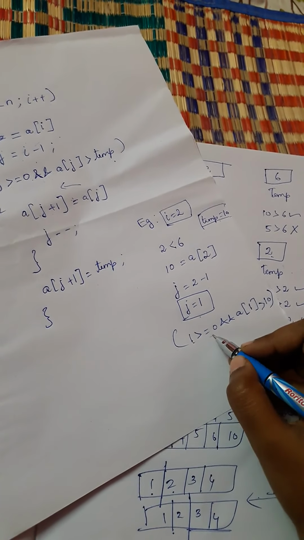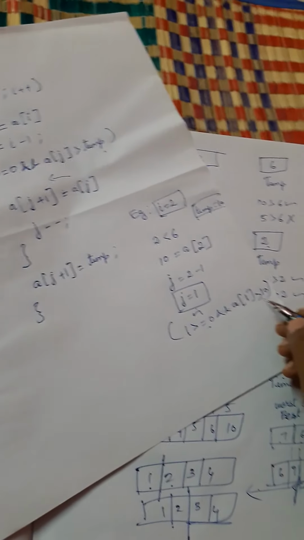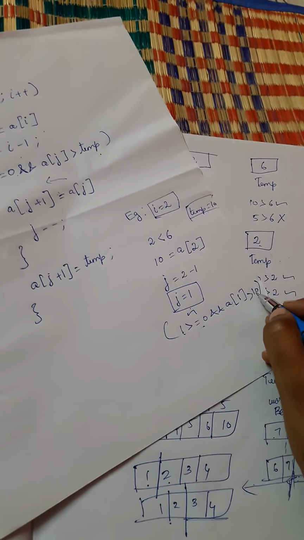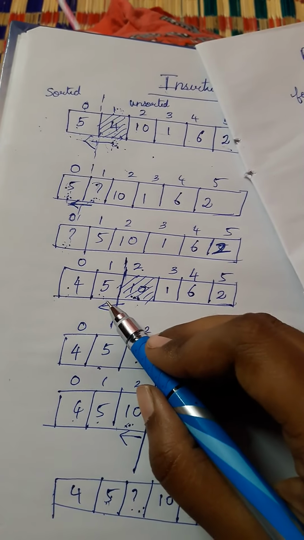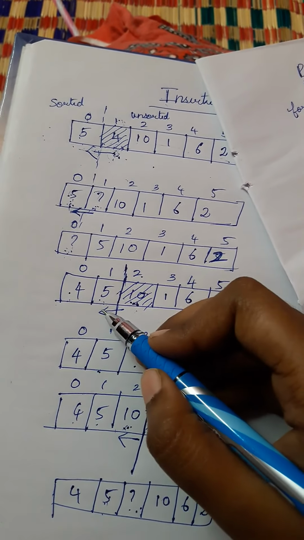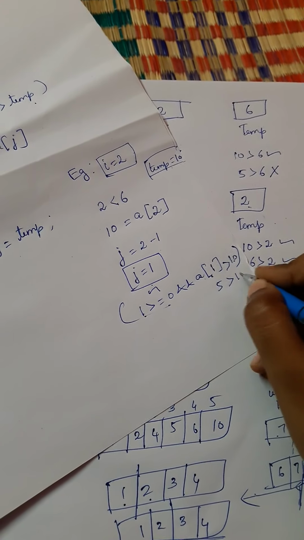Is the first condition satisfied? Yes, 1 is greater than or equal to 0. Next, A of 1 is greater than 10. In this array, what is the value at A of 1? It is 5. Is 5 greater than 10?